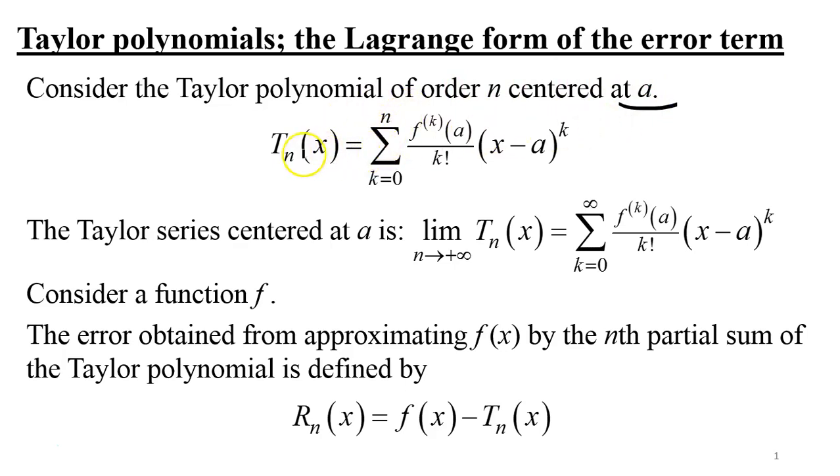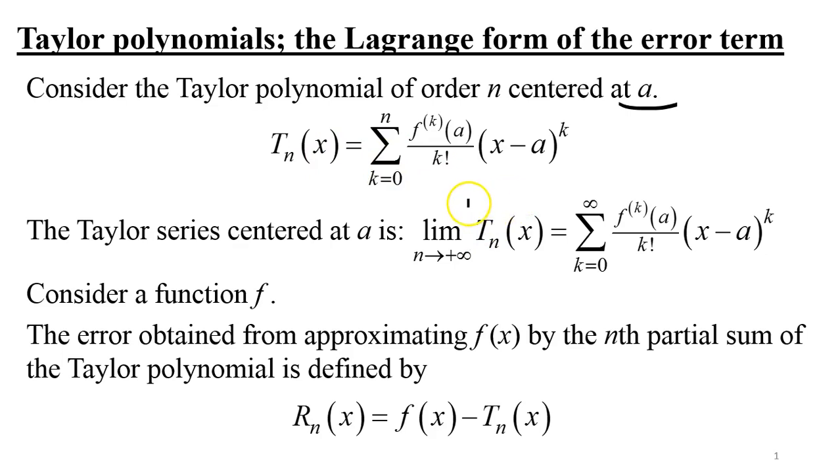The Taylor polynomial is in fact a polynomial of degree n centered at a, which means that it is the sum of the terms from k equals 0 to n of the terms defined by (x minus a) to the k, multiplying the Taylor coefficient, which is given by the derivative of order k at a divided by k factorial.